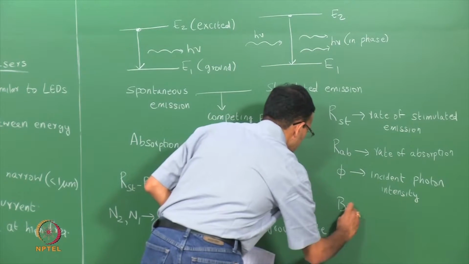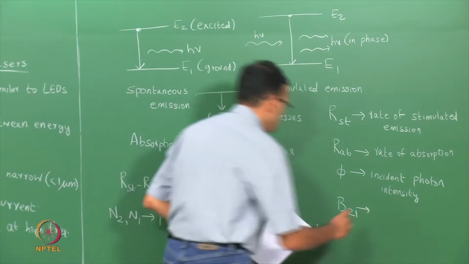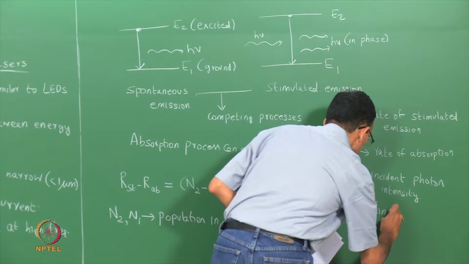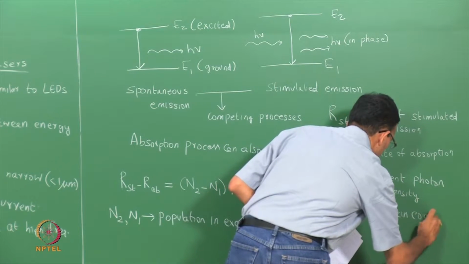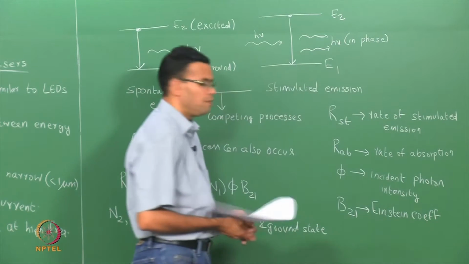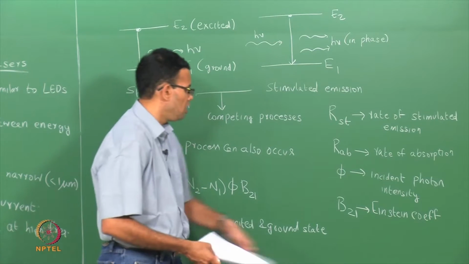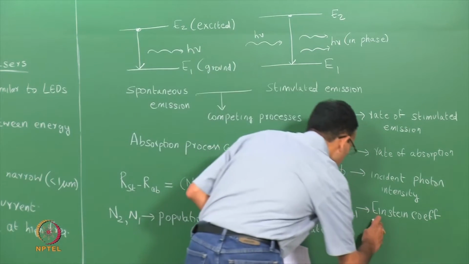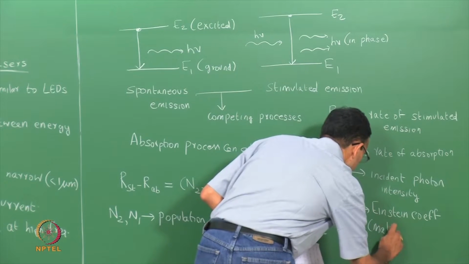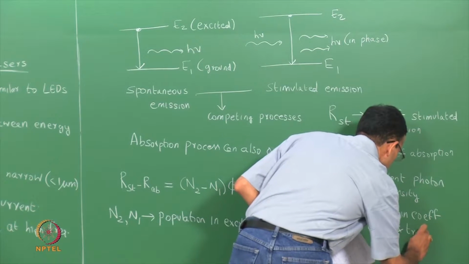B21 is called the Einstein coefficient, it depends upon the material and also upon the transition. So, it depends upon what the states 2 and 1 are. This is material and transition dependent.